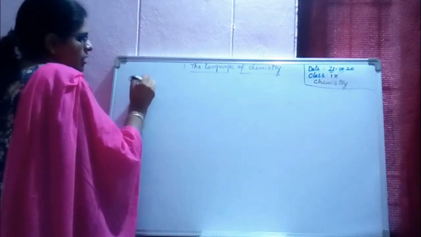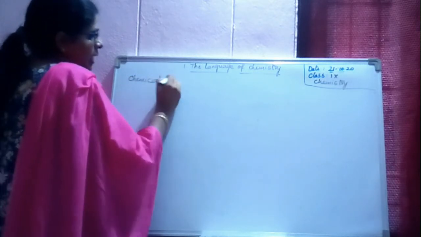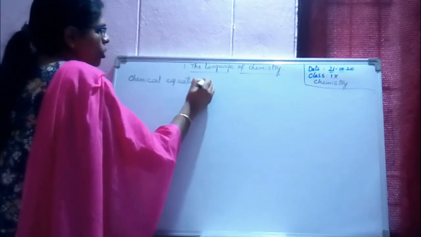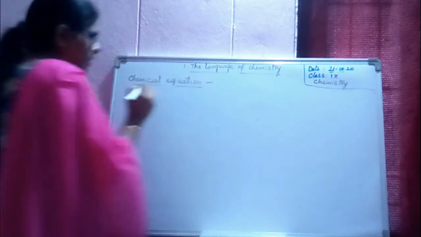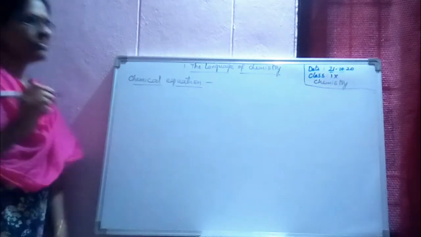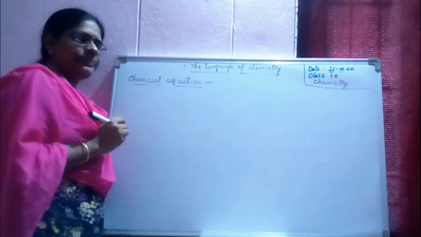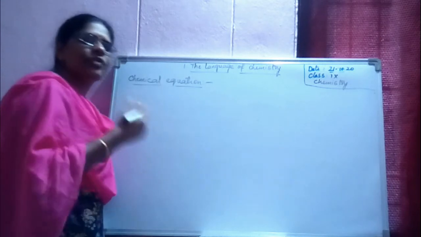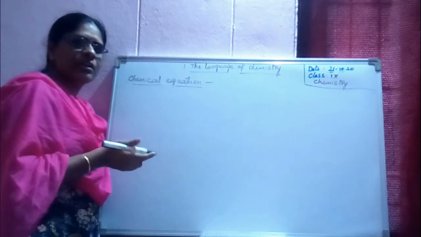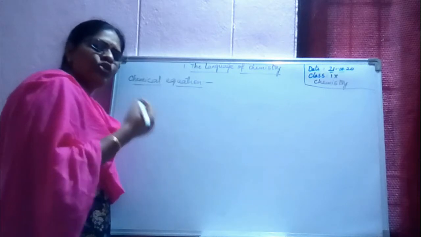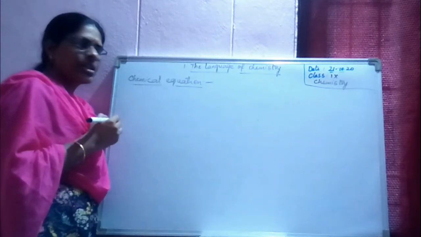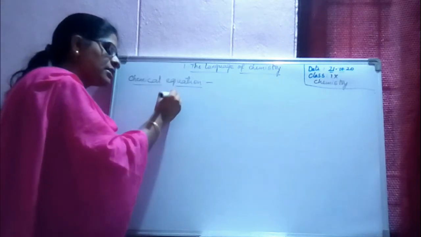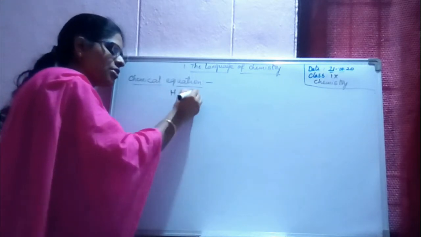Next, today we will read about chemical equation. What do we mean by a chemical equation? First we will start with the smaller one, then I will give you 2 or 3 for your homework. First, understand how to do these chemical equations. A chemical equation represents a chemical change.